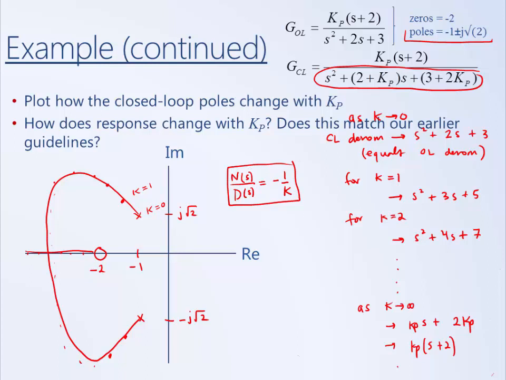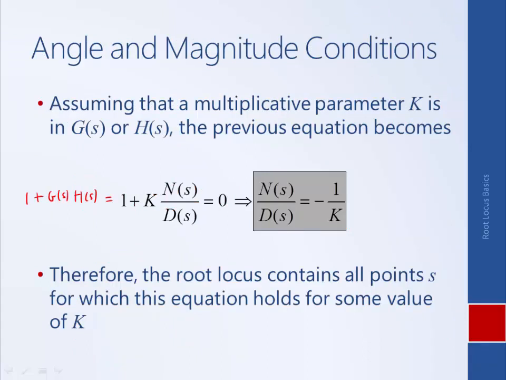So if we picked some point in our complex plane, for example this point, and we plugged it in to this relationship, there would be no real valued k which would make this work. So there's no control gain k which places a closed loop pole at this location. However, if we picked any point that is on our root locus and we plugged it in for s, there would be a value of k for which these two are equal. And so that's what this says.